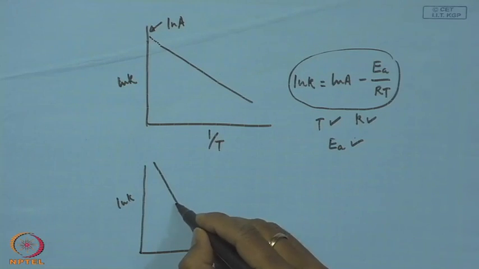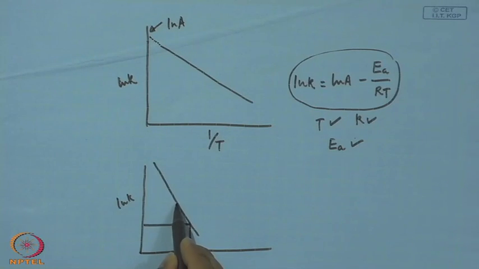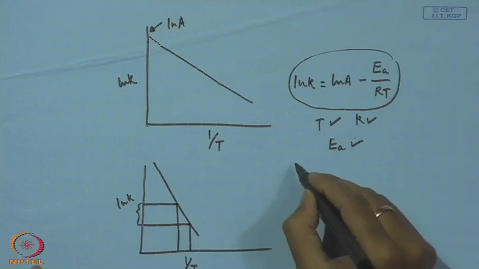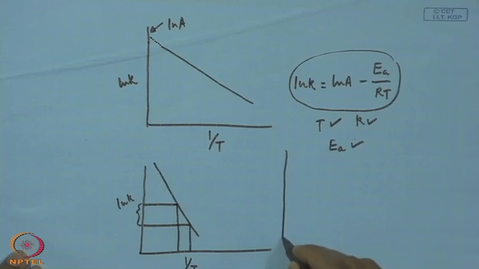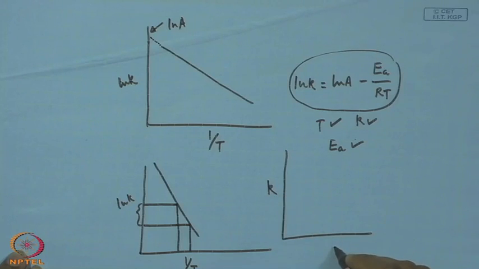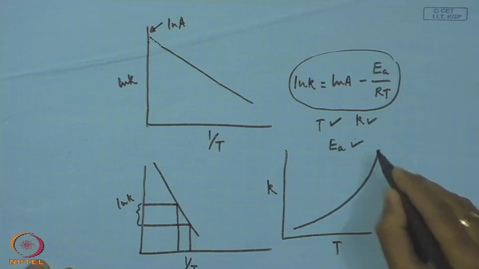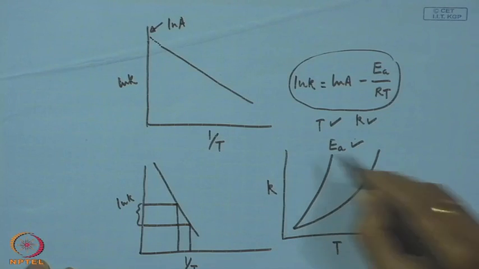So, if you change a little value in this, it allows you to have a huge change in ln k. Or maybe you can have a direct plot, not ln k. If you have just k versus T plot, then maybe in one case the plot is like this, in the other case maybe the plot is like this.